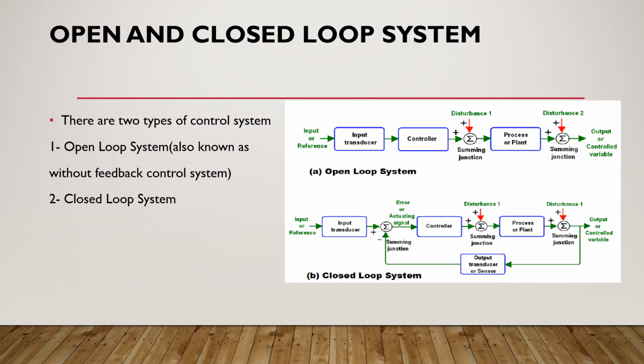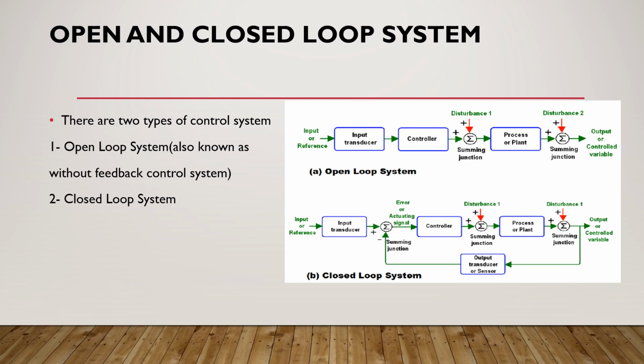If we get any error, then it sends the feedback to the controller and repeats the whole process again to get the accurate output. That's why closed loop systems are also known as accurate control systems, in which the accuracy is much better and much more reliable as compared to the open loop system.